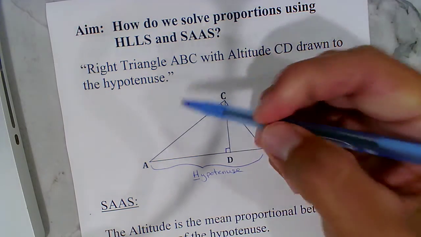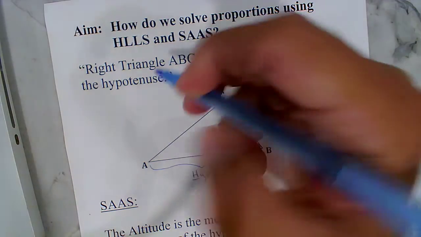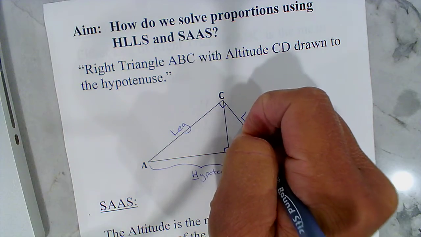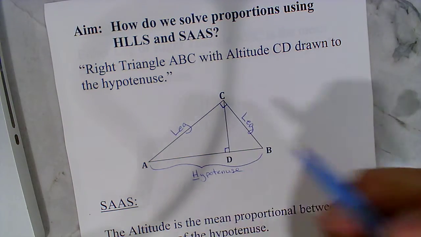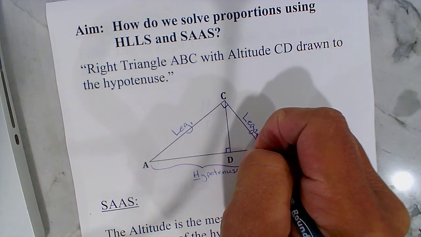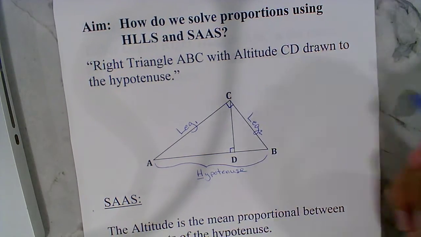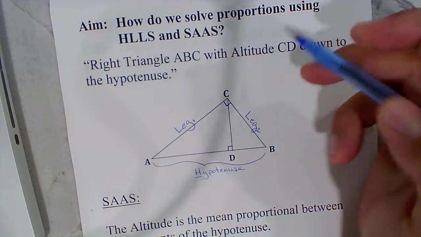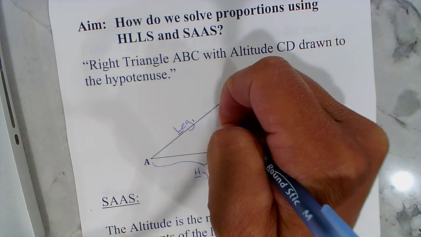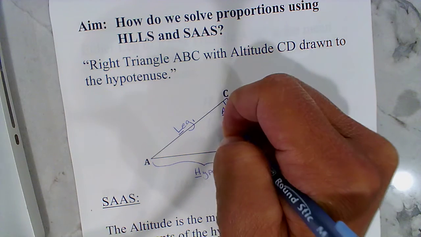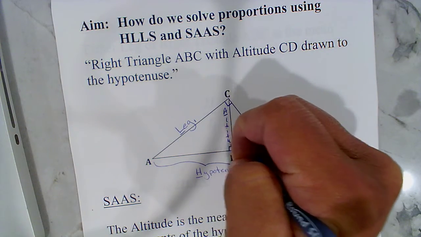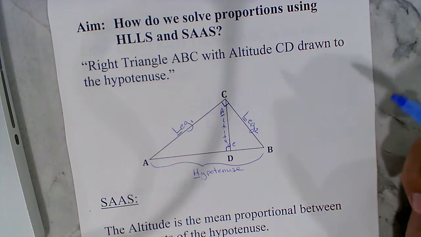The other two sides of the triangle are referred to as legs. For the sake of differentiating between these two, I'm going to call this leg 1, and not surprisingly, leg 2. We called CD the altitude, so that's going to be your A. Your altitude, I'll underline that, ALTITUDE. Of course, I ran out of room. Sorry about that.